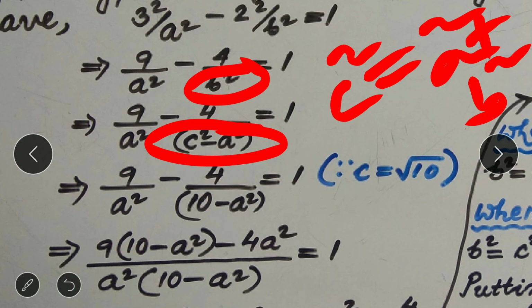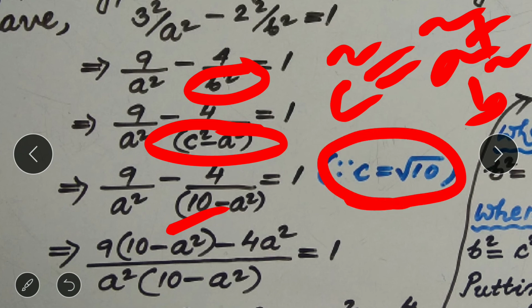Next, in place of c square, we are going to put 10 because we have already calculated earlier c is root 10. Thereafter, we take LCM. In the next step, we have taken LCM. Denominator a square into 10 minus a square. It is the LCM.